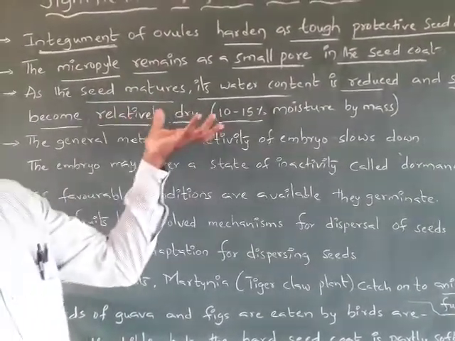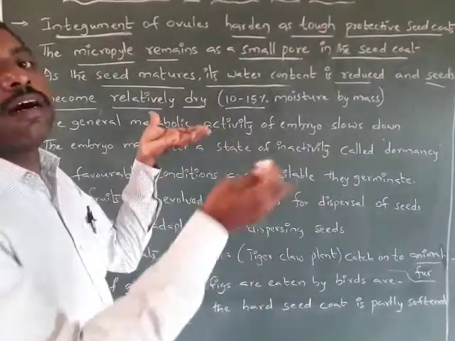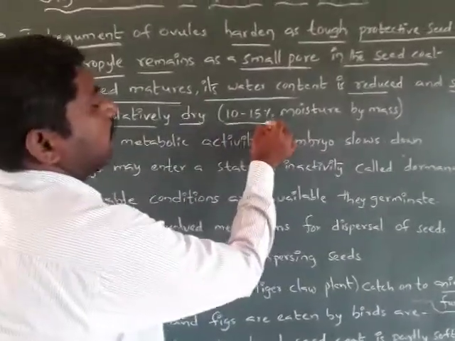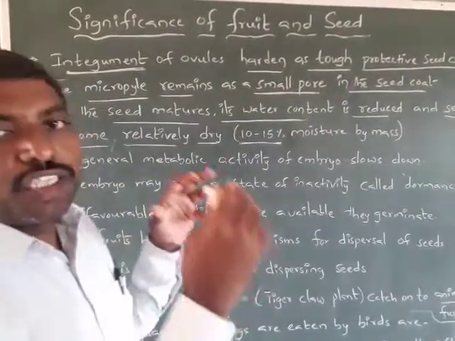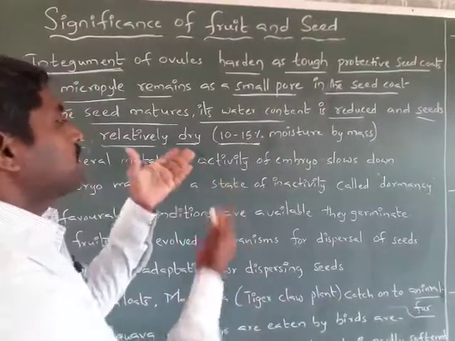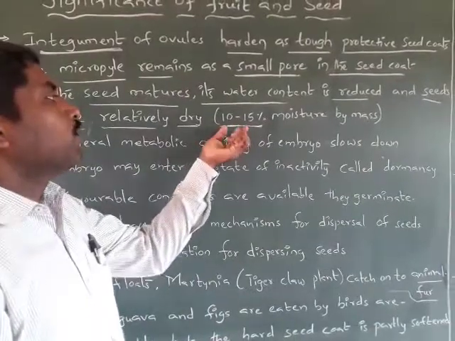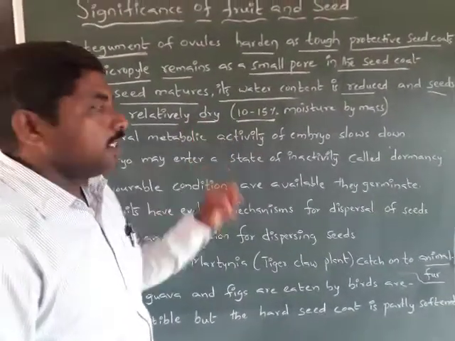Water is evaporated from the seed, and only 10 to 15% of the moisture is present in the mature seed. When a seed has only 10 to 15% moisture, that seed is called a dry seed.